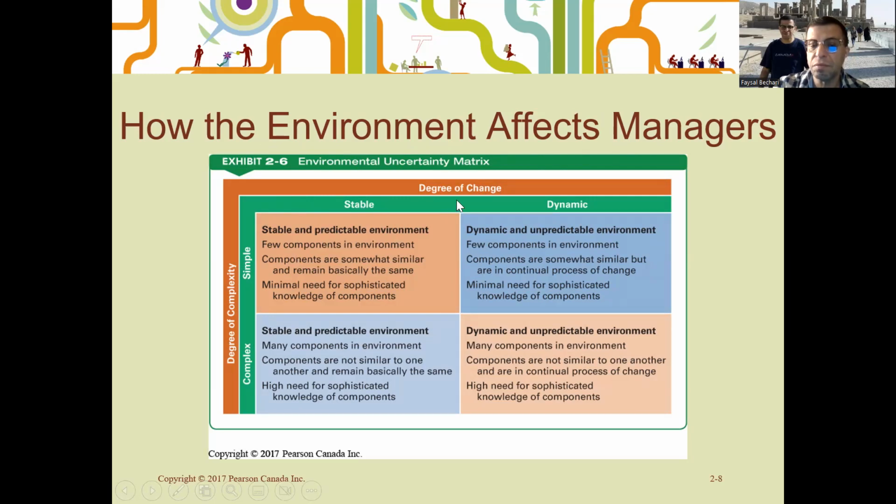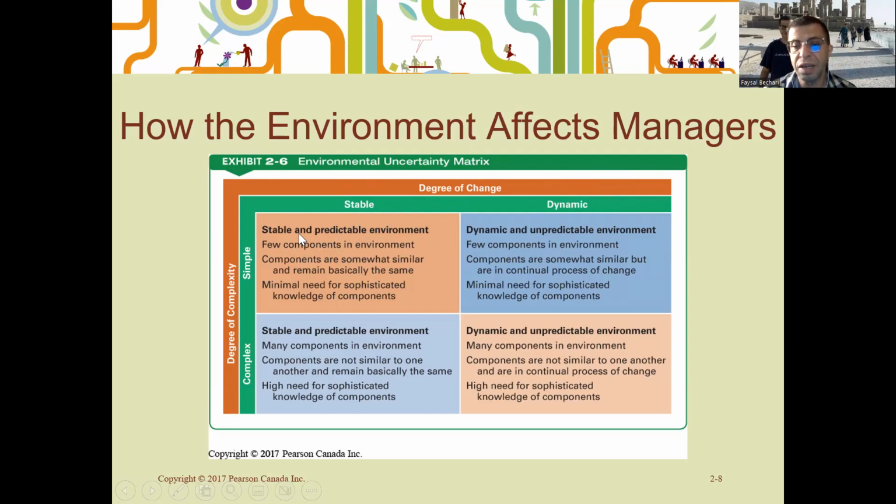And then you have the degree of change, how fast things are changing. You have something stable, that doesn't change that fast, and then you have the dynamic. Under these, we will explain the stability and predictability of the environment.